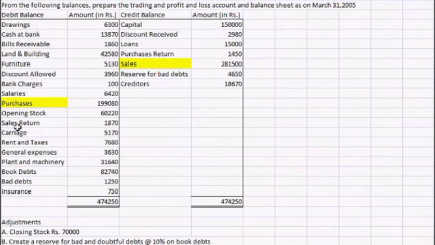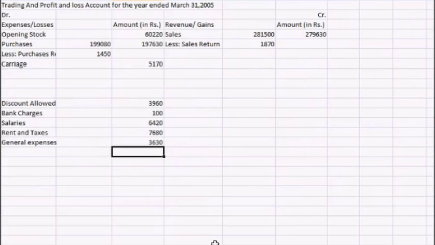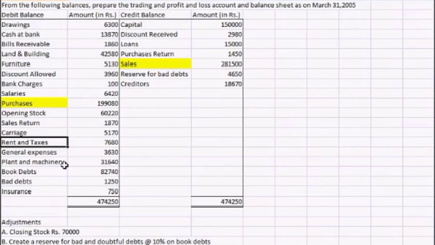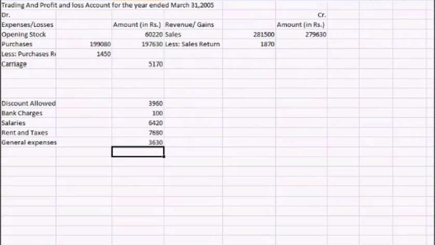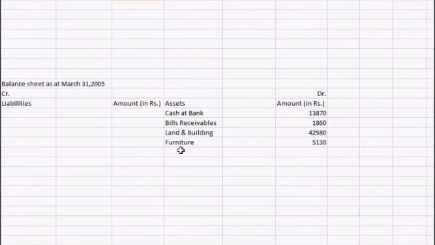Write the amount. The very next account is plant and machinery, which is an asset, so we'll make the entry in the balance sheet. So we come to the asset side.